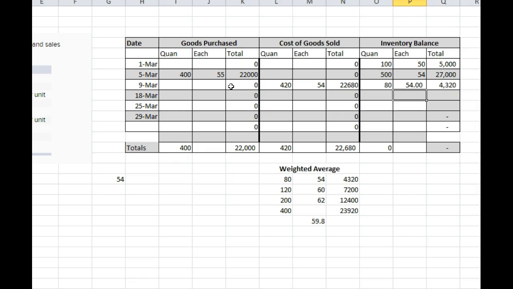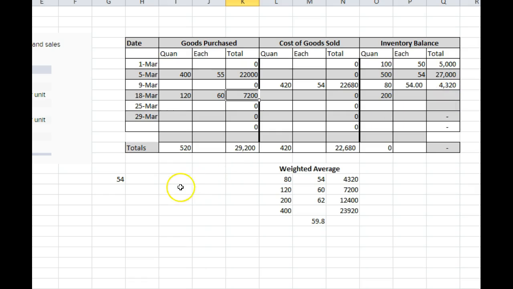On the 18th, I purchase 120 units at $60. So now I have 120 plus 80, which is 200. And I have to add the two values together. This is the value of what I just purchased, and this is the value of what's already in inventory.